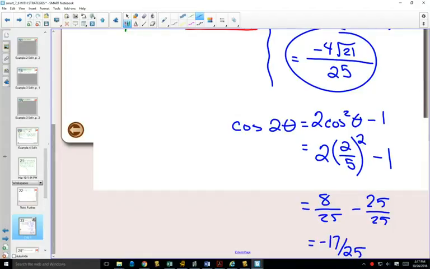And we get negative 17 over 25 as our final answer. For practice, you can do question number 9.